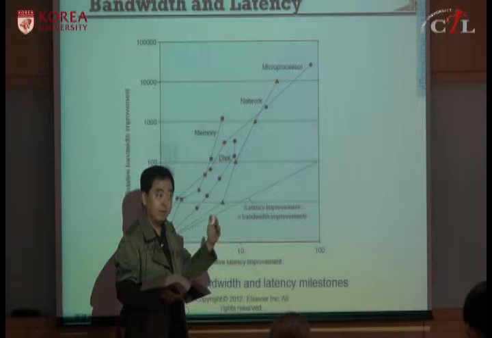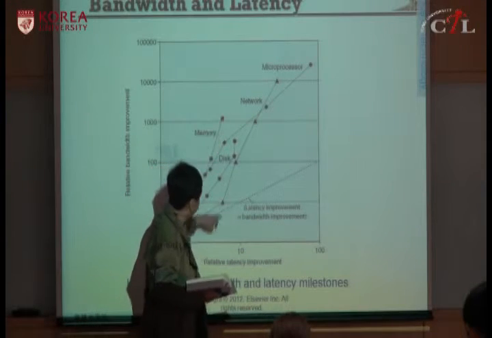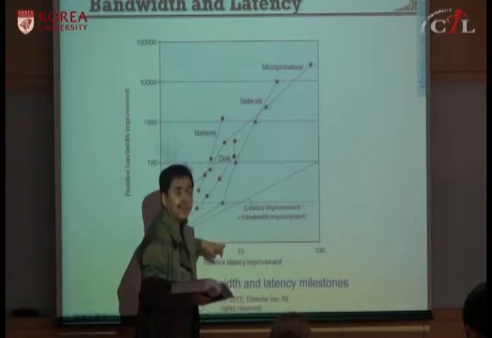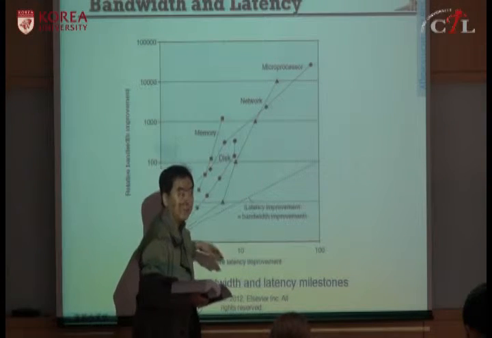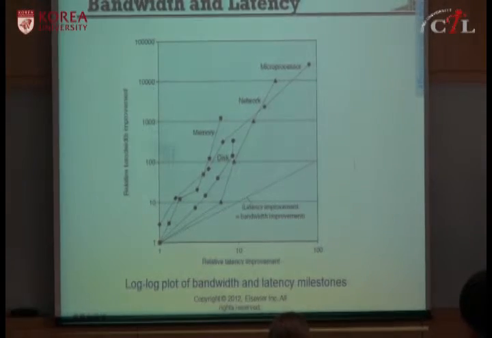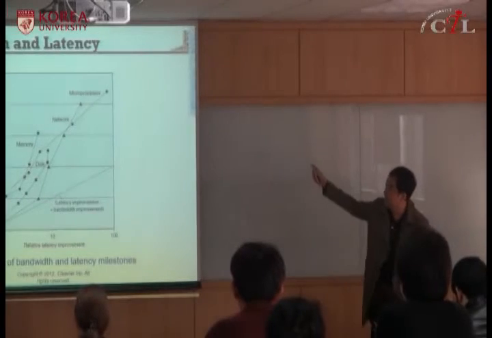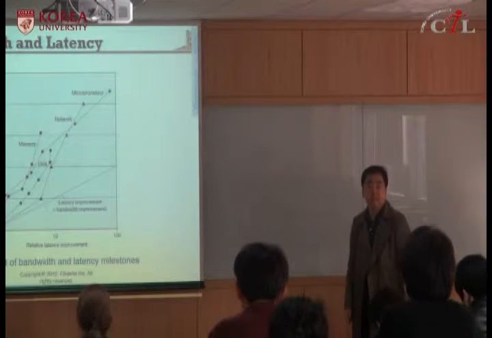Overall DRAM access has been improved by 6 times. So this corresponds to about 6. Okay, and so on. So latency has been improved slowly, but the bandwidth has been improved substantially for each of these technologies. Okay?